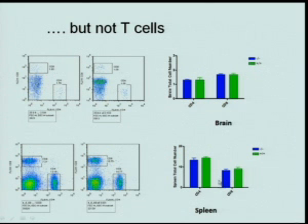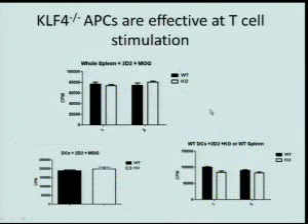And this was true both, again, in the number in the spleen and also in the number of T cells of both CD8 and CD4 that migrated to the brain. So at this point, we really had no idea what the difference was between the KLF4 knockout mice and the wild type in terms of why they had such a broad resistance to EAE.